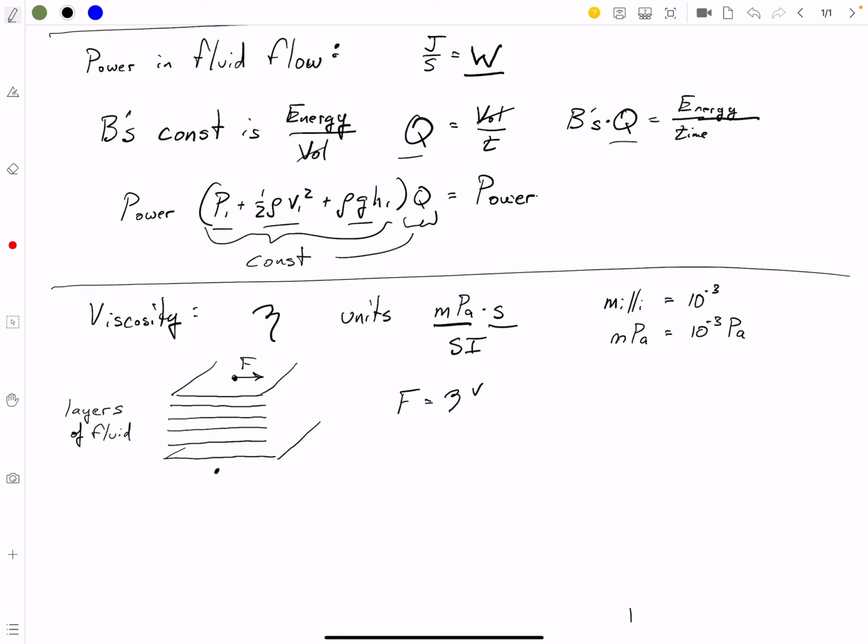Is it velocity? It's got to be velocity. All this time, why don't I know this? Newtons. It's got to be velocity.